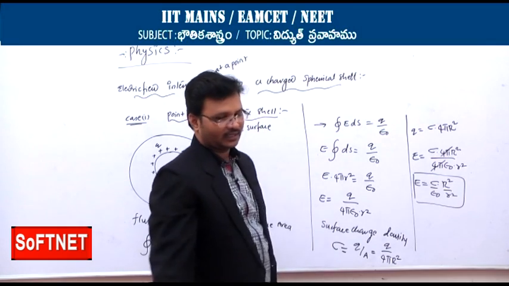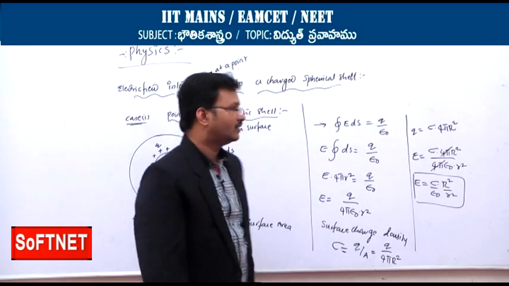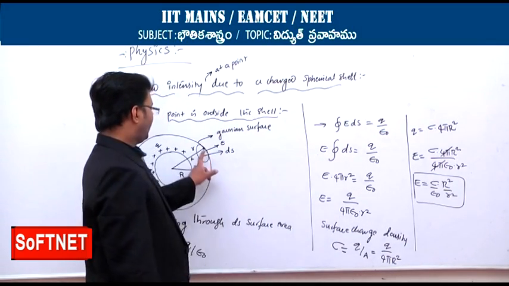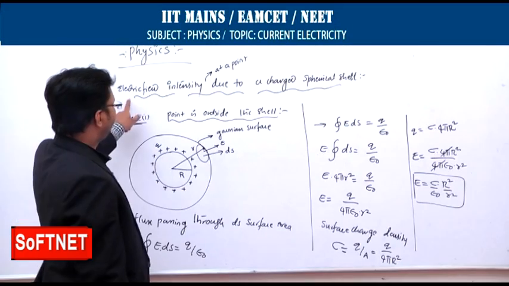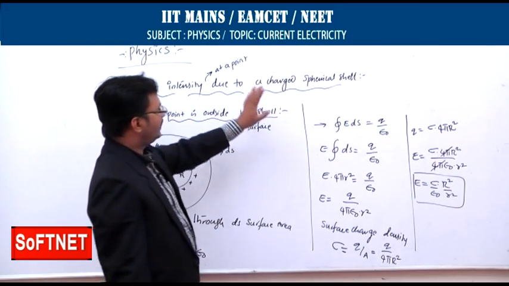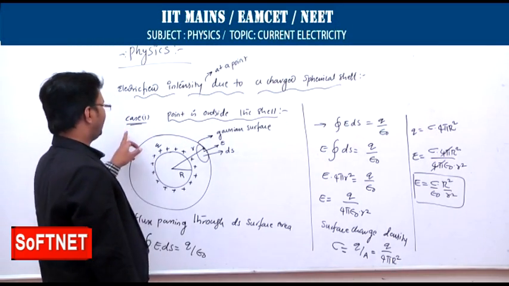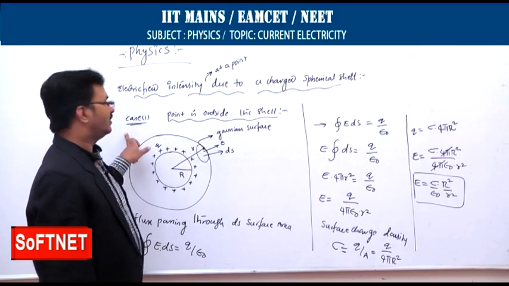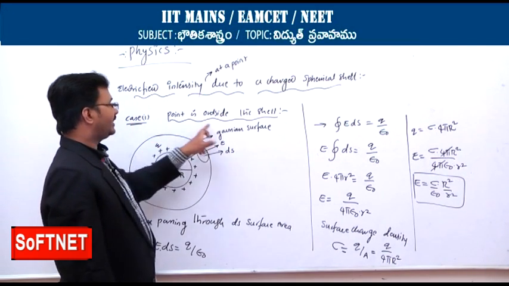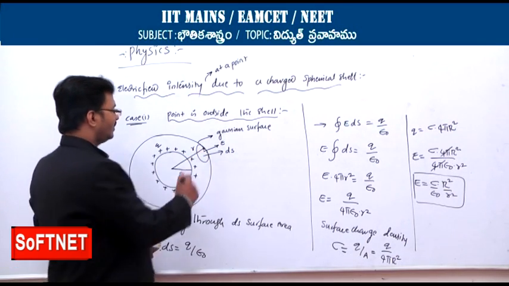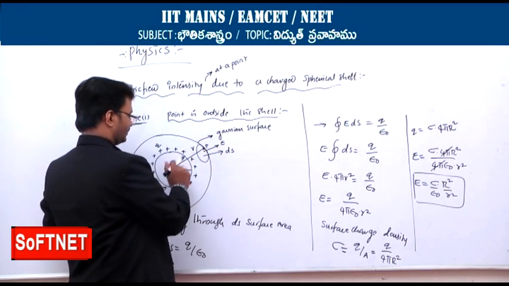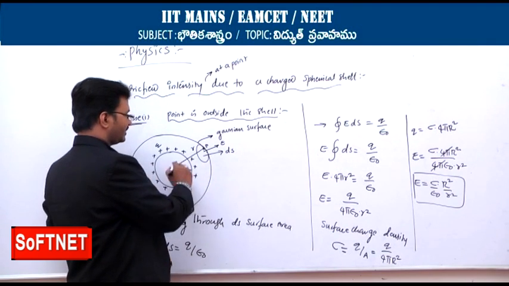This is the electric field intensity at a point outside the spherical shell. We need to find the electric field intensity at a point due to a charged spherical shell, and there are three cases. First case: the point is outside the shell. Here the point is P, at some distance small r from the center of the spherical shell.